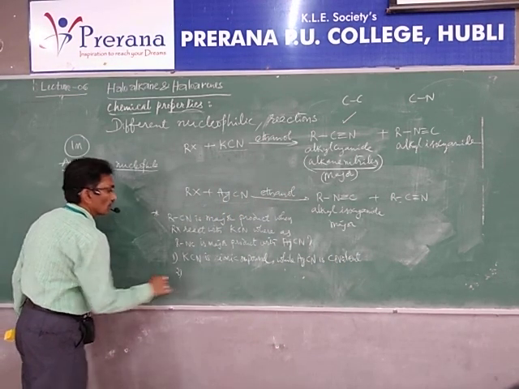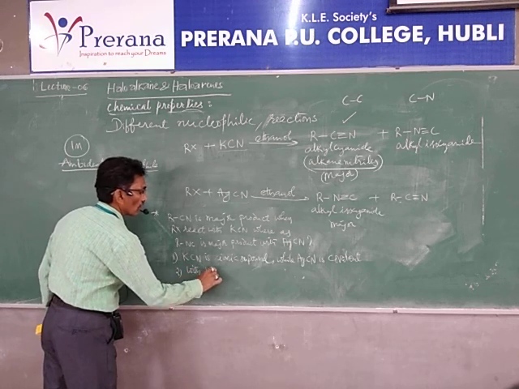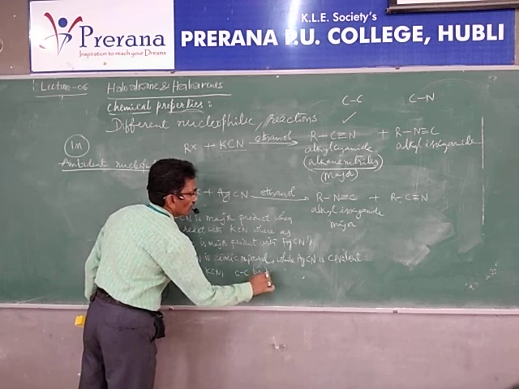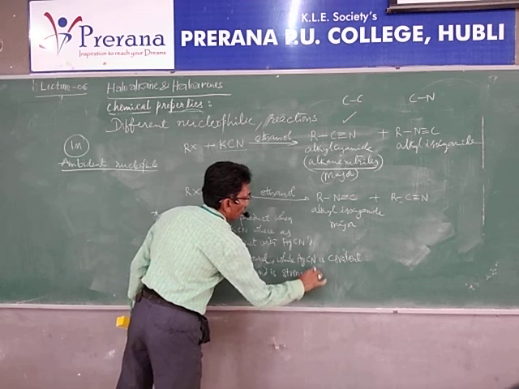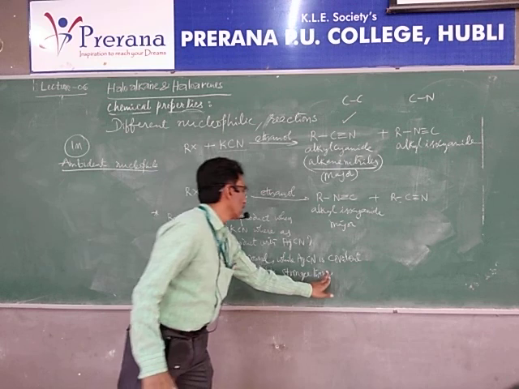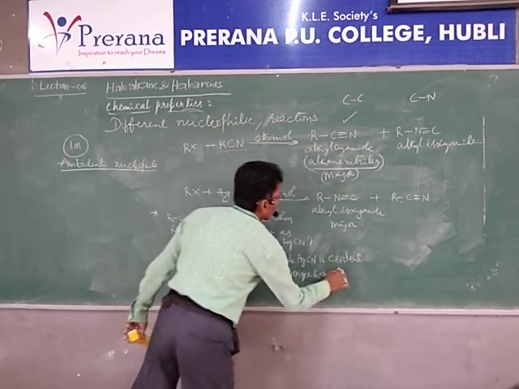Another one is that with KCN, the C-C bond is stronger than the C-N bond.